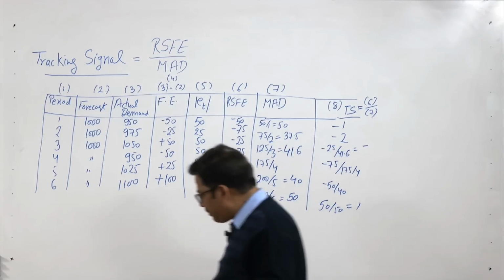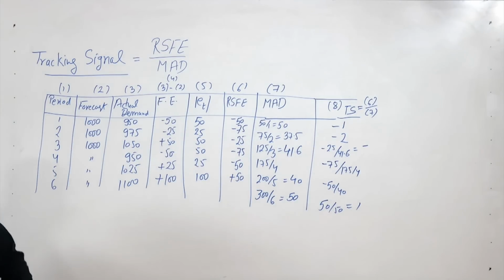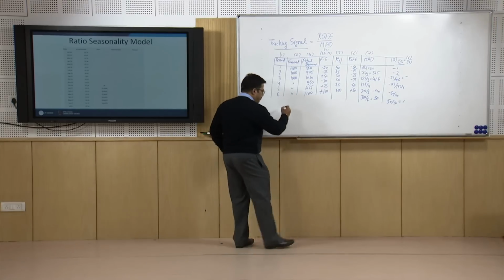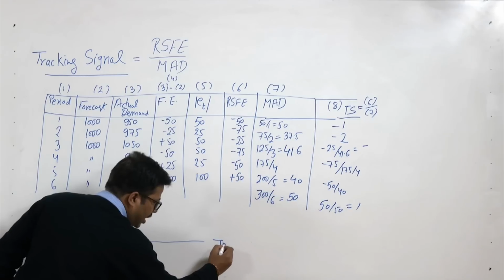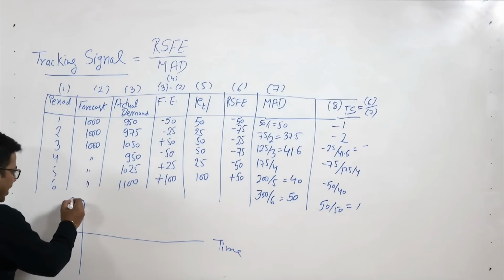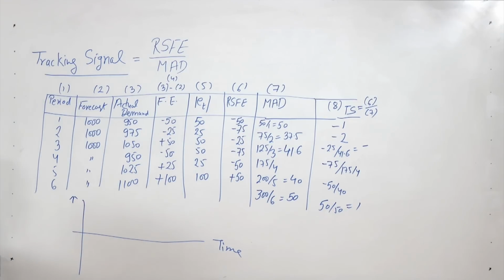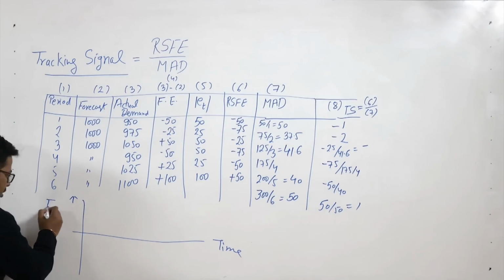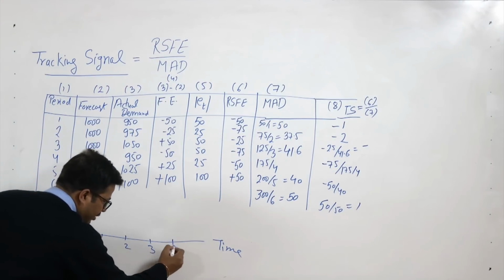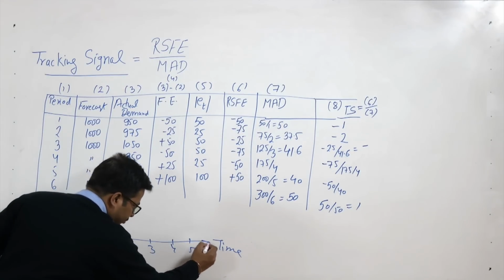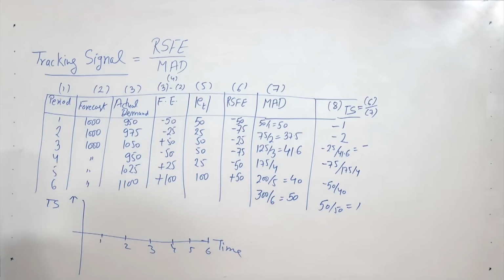So, if I plot the values of tracking signal on a graphical plane, this is time, and on the x axis we have the values of the tracking signal. If this is the first period, second period, third period, fourth, fifth, sixth, like this.